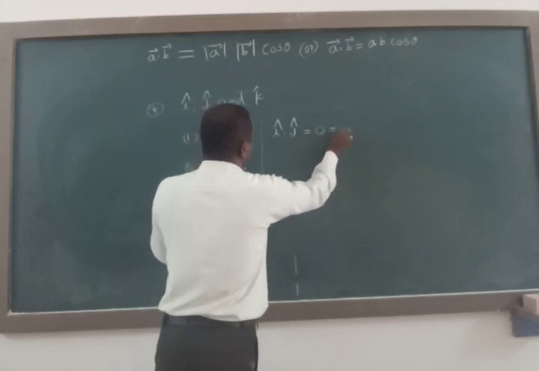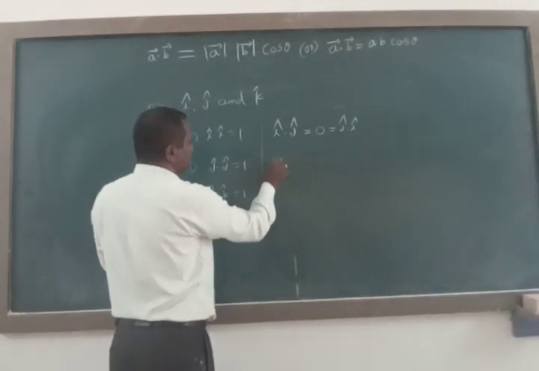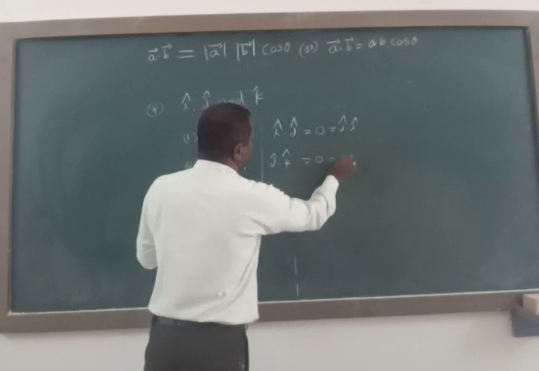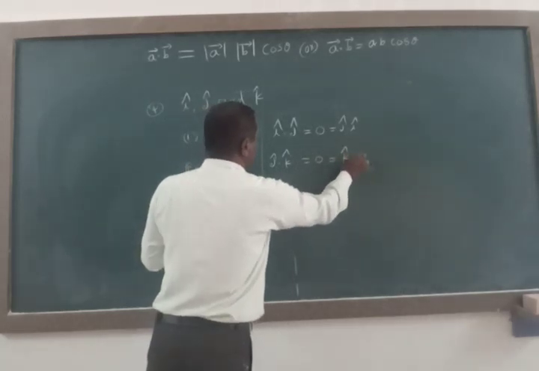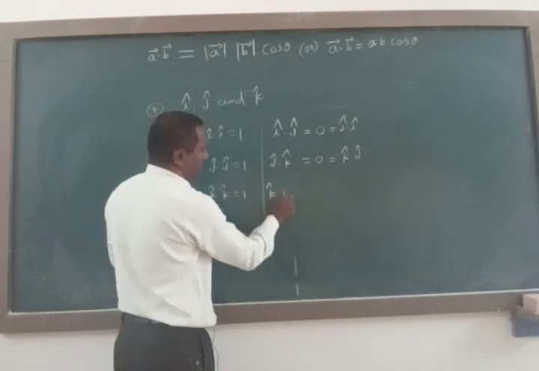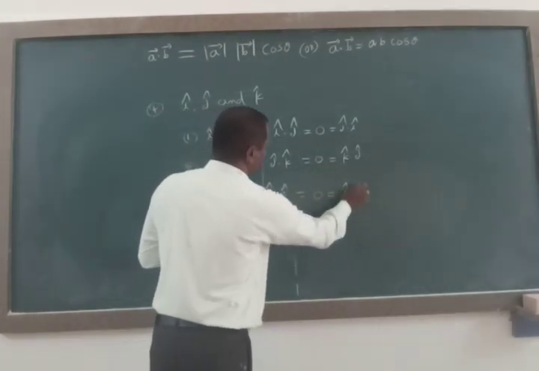It can also be written as j cap dot i cap, or j cap dot k cap is equal to 0. We can take this, the k cap dot j cap, or k cap dot i cap is equal to 0, or we can take i cap dot k cap.